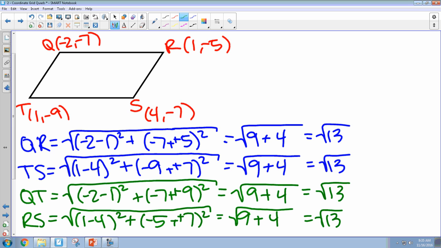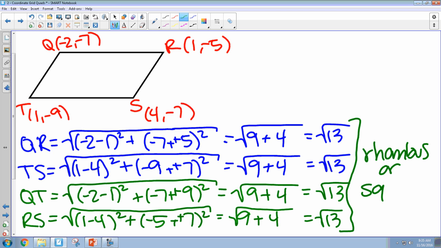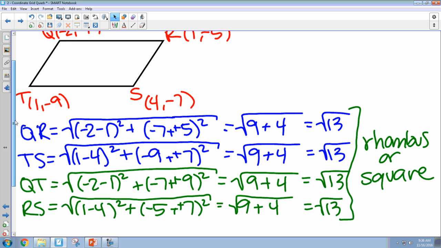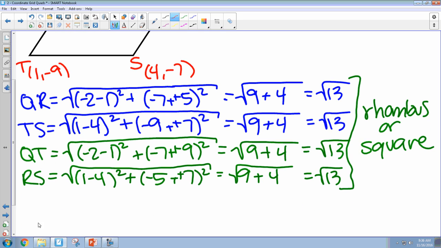So right now from our cases, we can tell you, since all 4 sides are congruent, this is either a rhombus or a square. You do not know which one yet, and you're going to check the diagonals in order to verify. You can check if they are the same or different, which will tell you what's going to be your final answer. So if we do QS first.